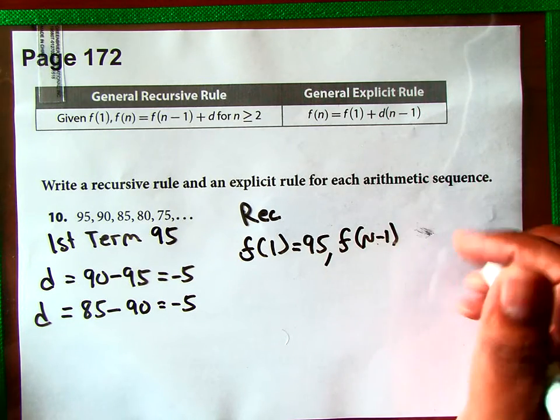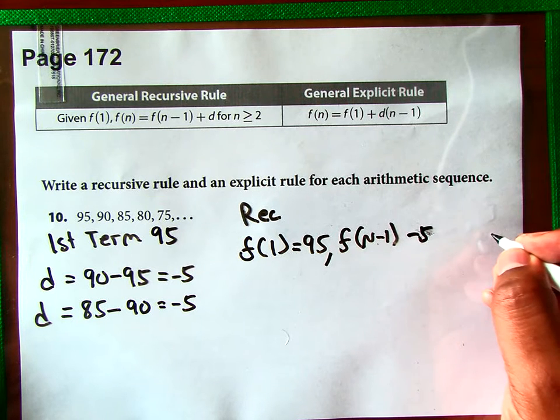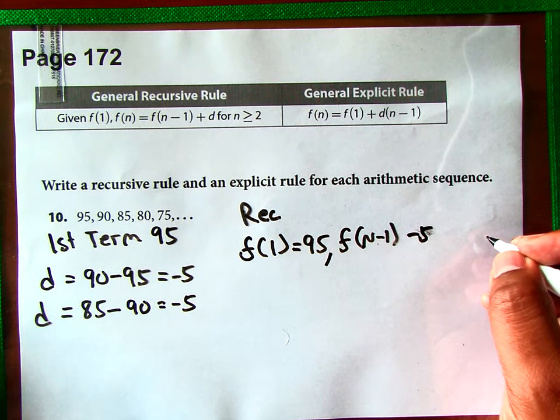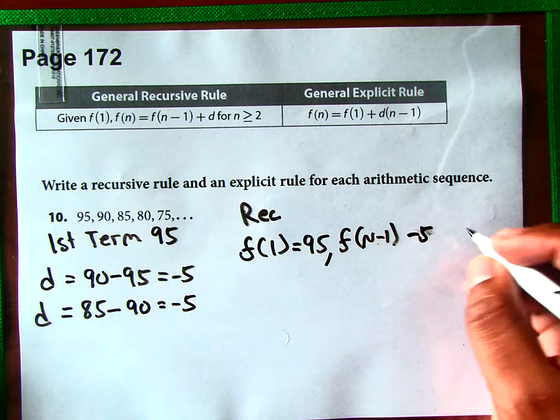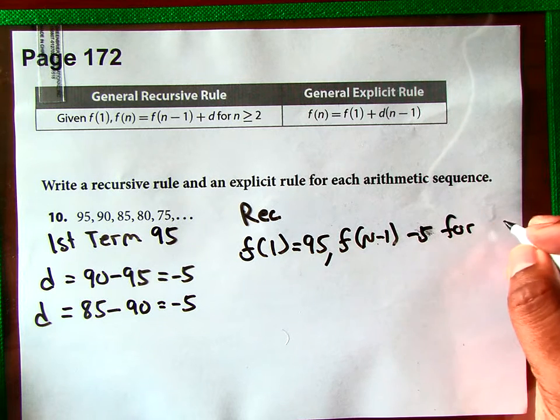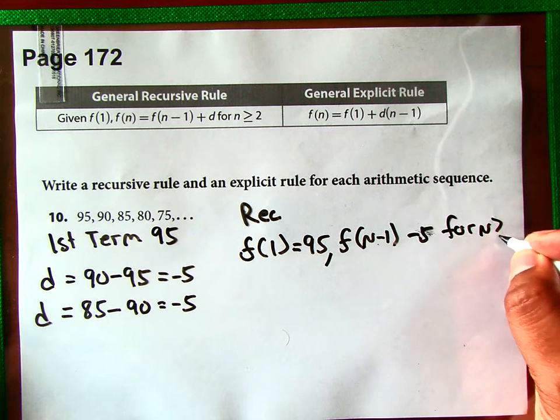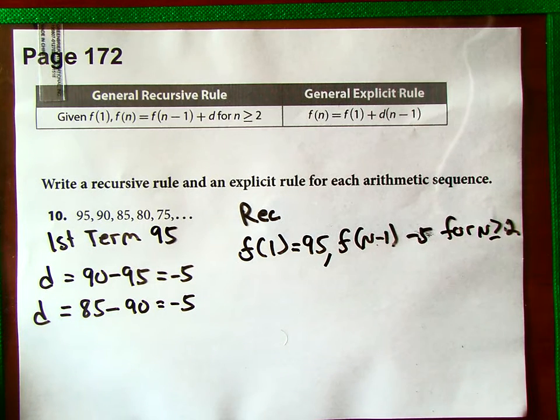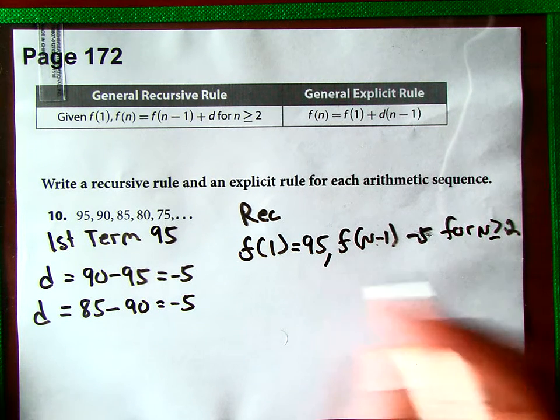So I'm going to put minus here, for all numbers where n is greater than or equal to 2. Okay, so that's the recursive rule.